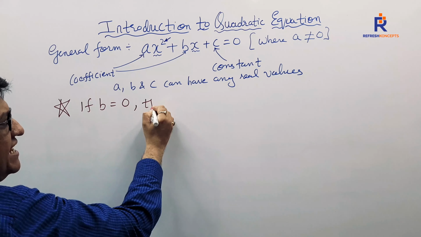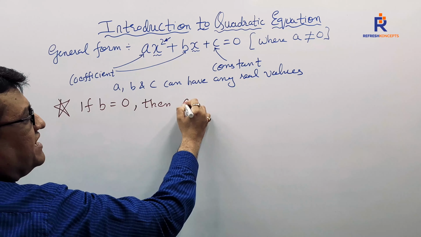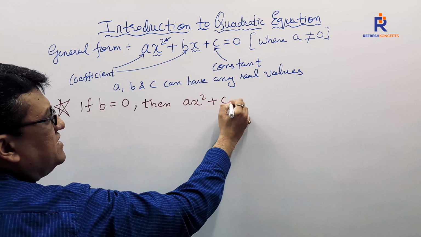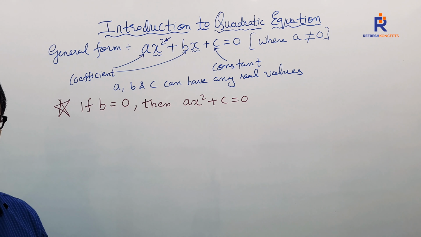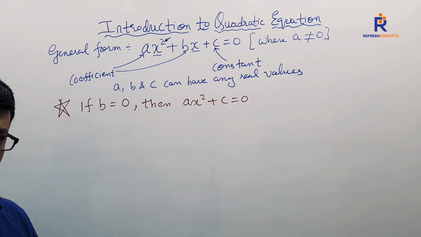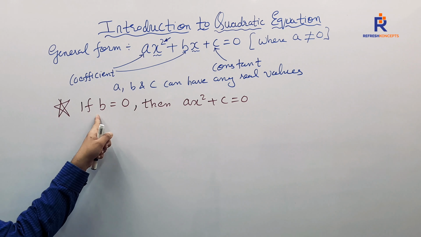I'm left with ax square plus c equals to 0. Children, still this is a quadratic equation. So if b equals to 0, then the expression turns out to be ax square plus c equals to 0. Still we say it's a quadratic equation. Why? As per the definition, the highest degree is 2.